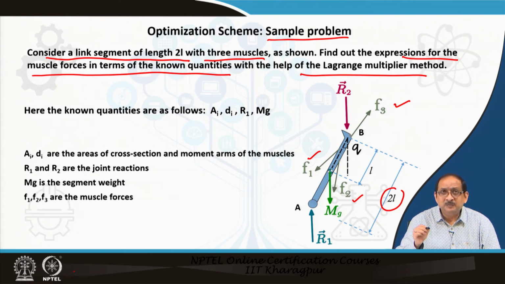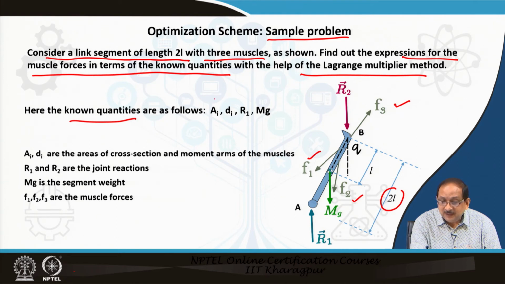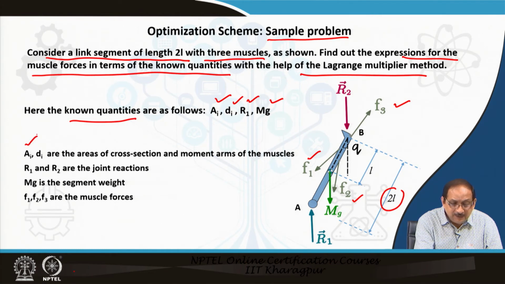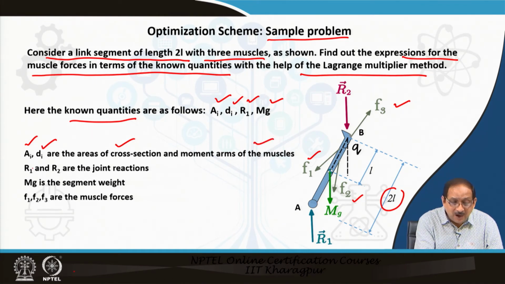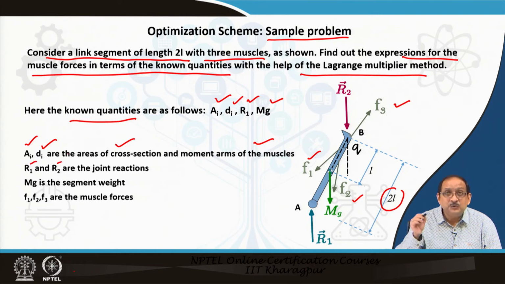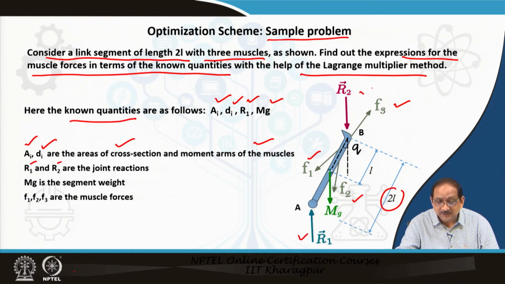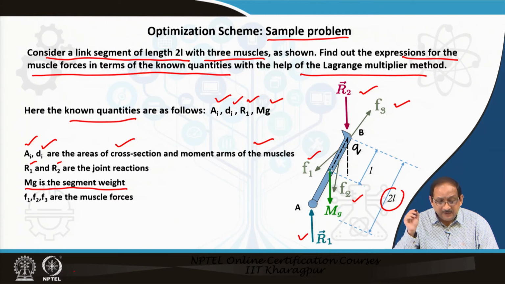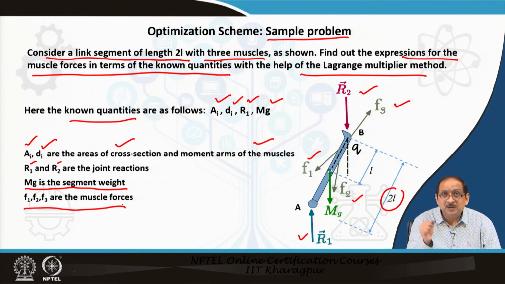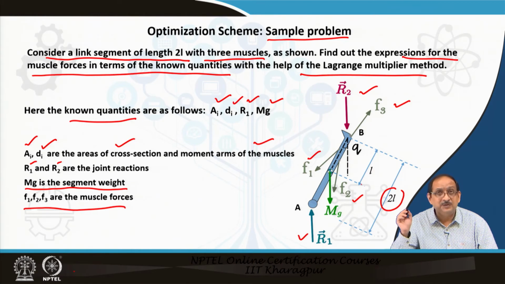So, here in this problem, the known quantities are Ai, Di, R1 and mg. Ai is the area of cross section of a muscle, Di is the moment arm of a muscle, R1, R2 are the joint reaction forces as indicated in the figure. R1 is known in this problem and mg is the link segment weight. F1, F2, F3 are the muscle forces as indicated in the figure.